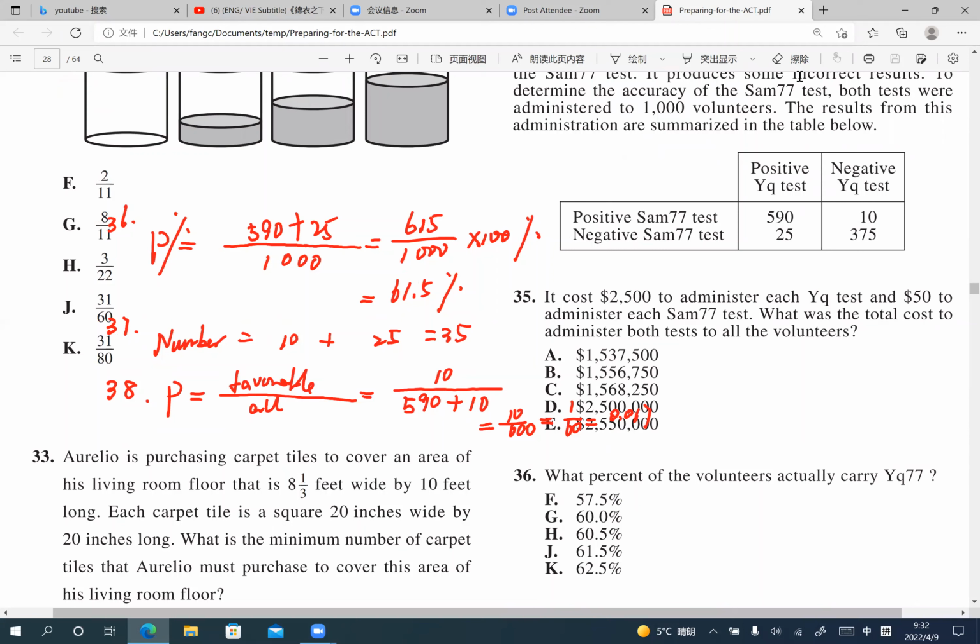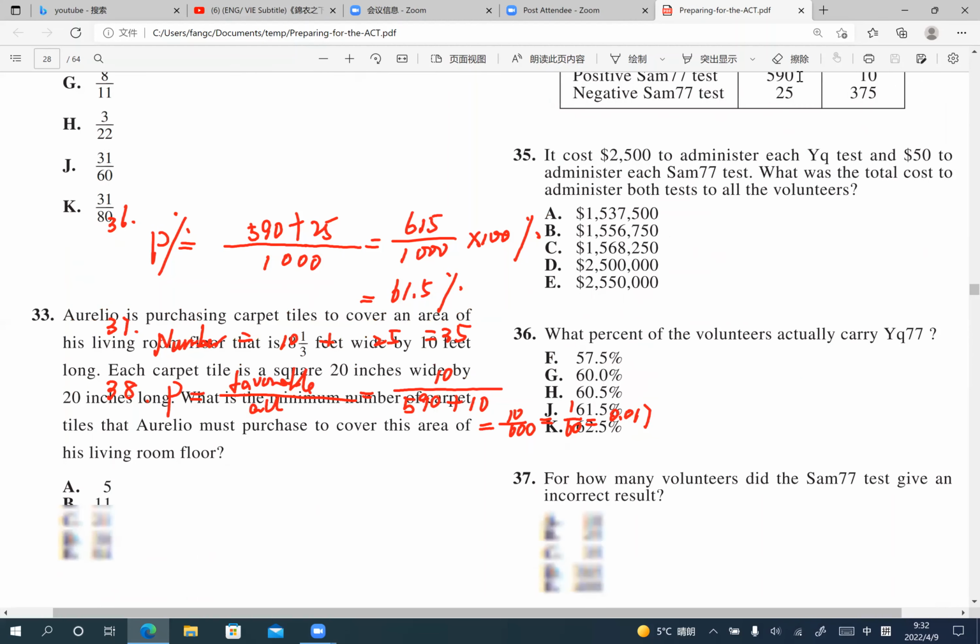Another part is 10 volunteers who don't have the YQ77 gene, but got a positive SAM77 result. So the total number is 10 plus 25, which is equal to 35. So 35 volunteers got the inaccurate SAM77 result. So for question 37, we should choose option C.